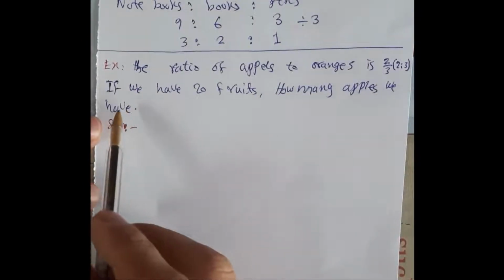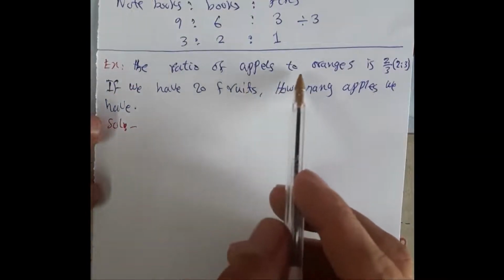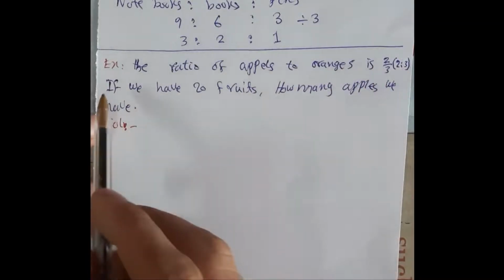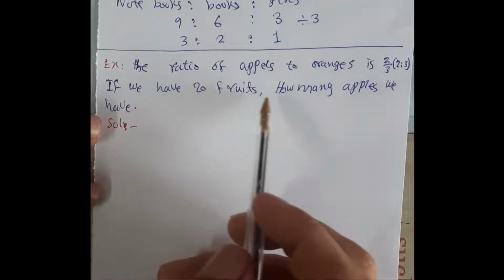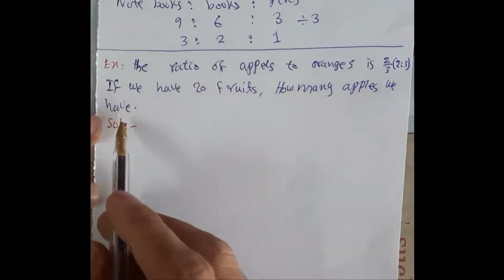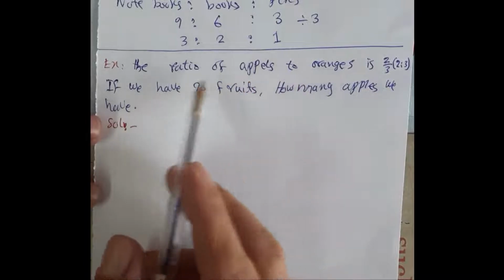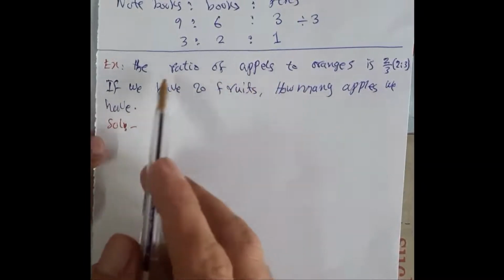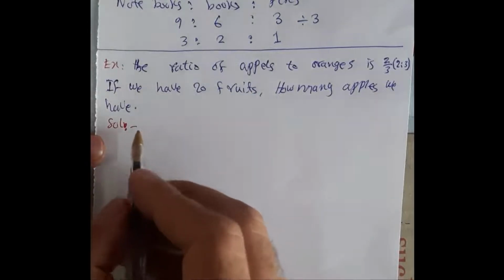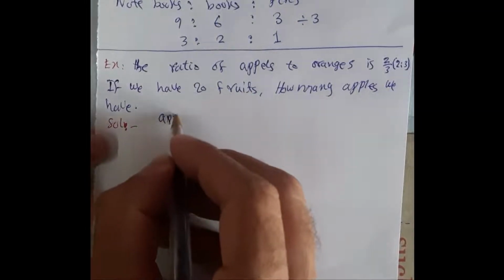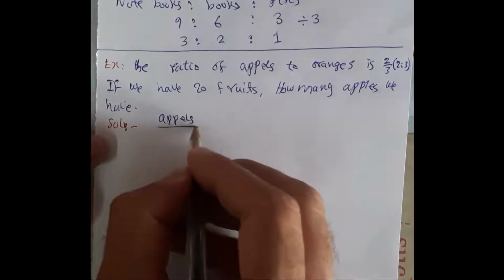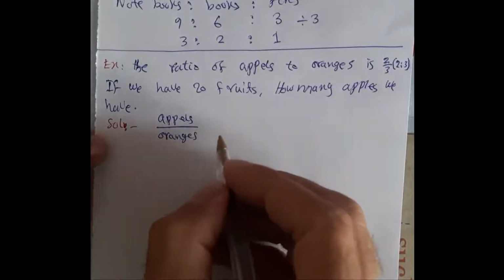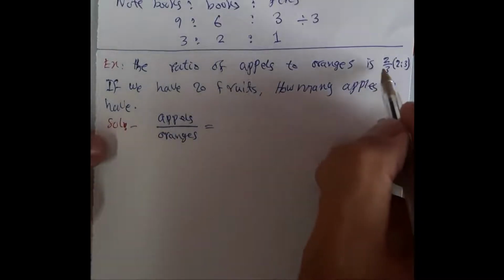Here is another example. The ratio of apples to oranges is 2 by 3, 2 colon 3. If we have 20 fruits, how many apples do we have? Now we want to find the number of apples. According to this information, we can write apples over oranges equal to 2 by 3.